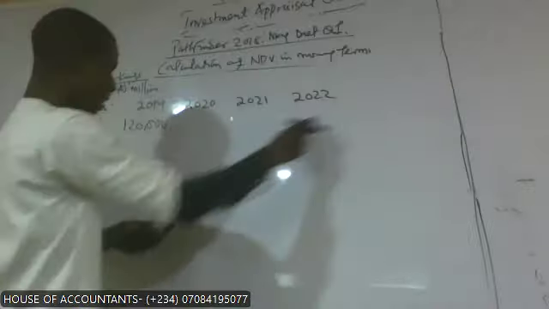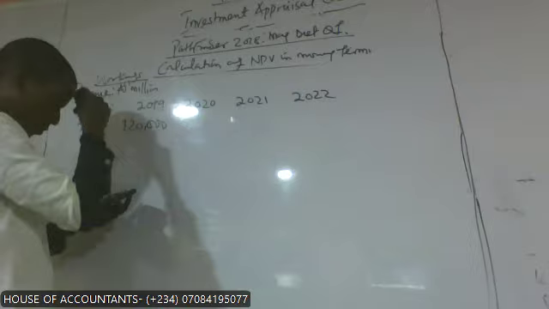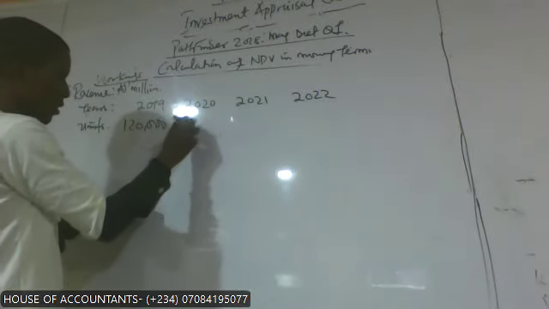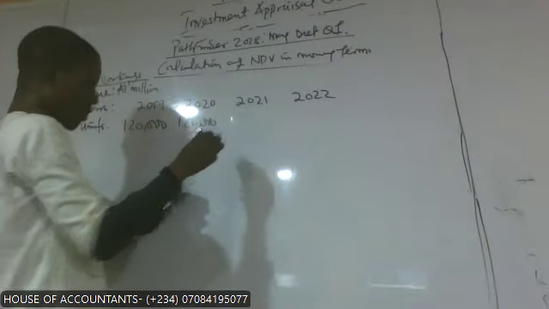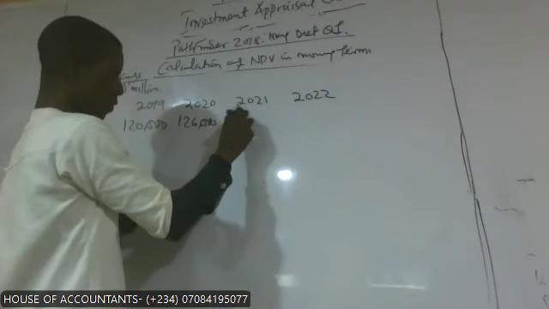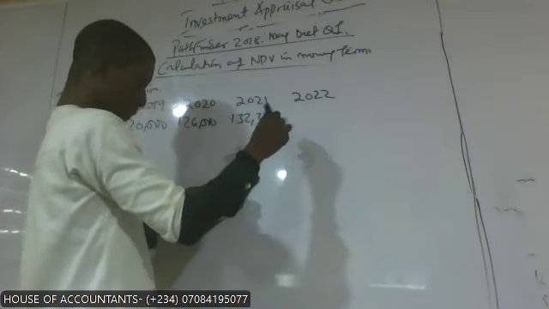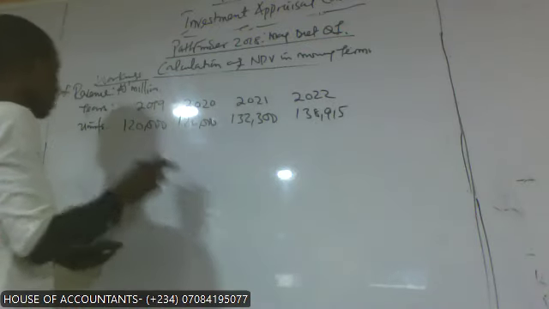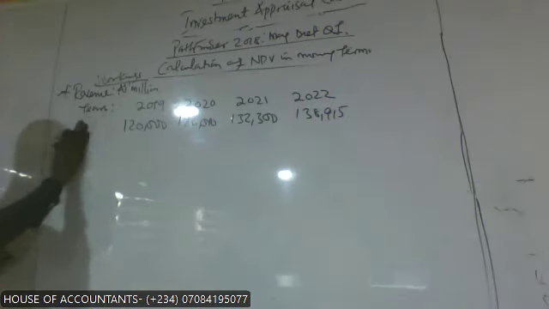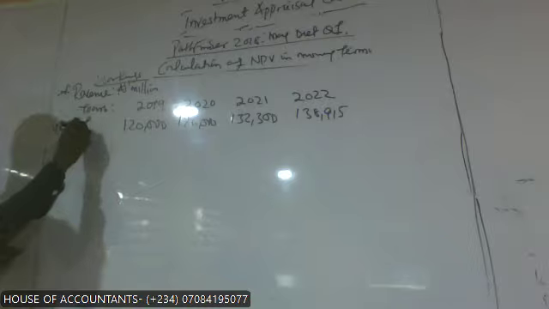So like that, 126,000, and 132,300. And the last one, 138,915. That is increasing the unit. Let me write it in front so that there won't be questions. 5% inflation.